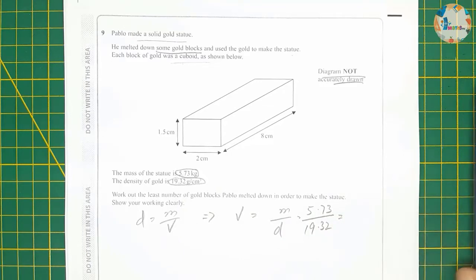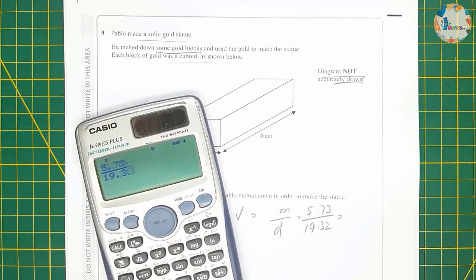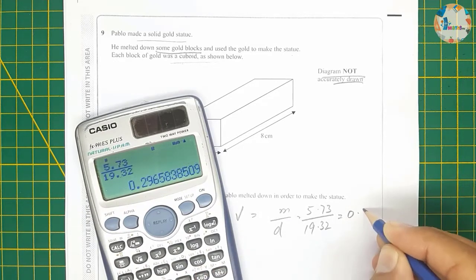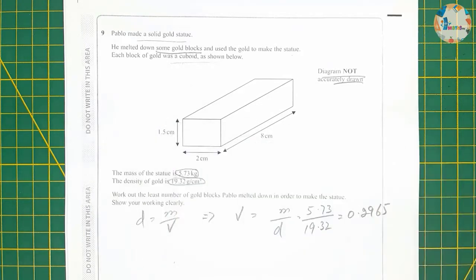So 5.73 divided by 19.32 gives us 0.2965. This will be the volume.